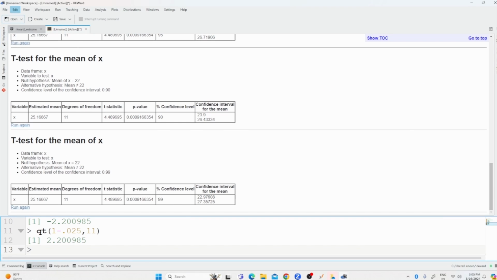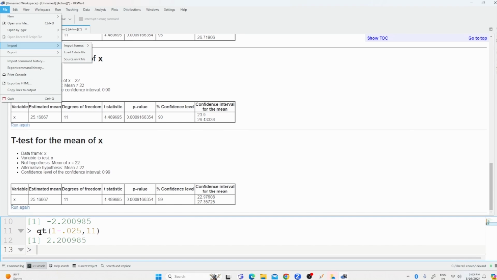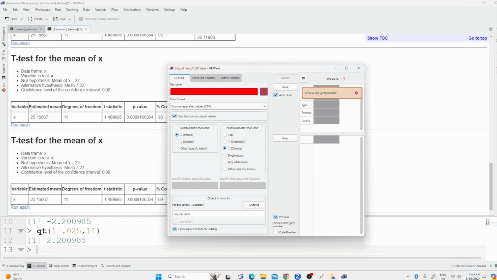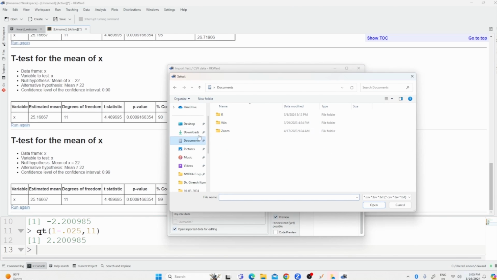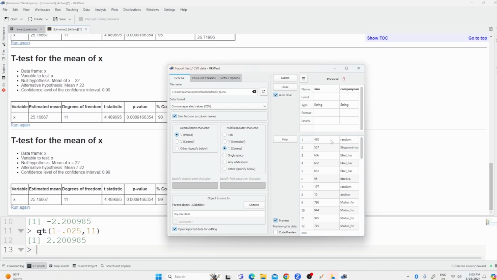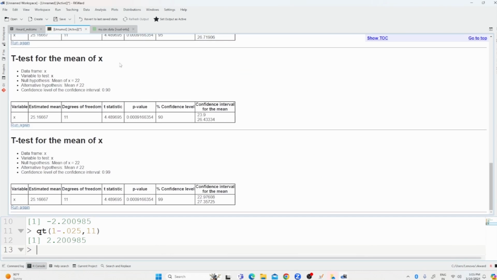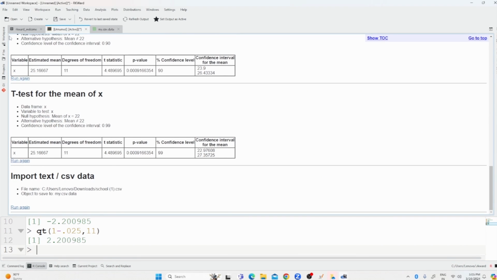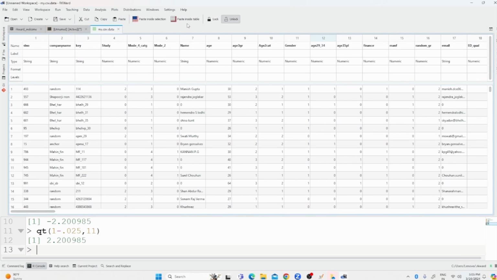So let us import our data, import our file which we have in the download folders. That's what I assume, school 1. Okay, submit. We have talked about it multiple times. This is our data. Now we are trying to say there are categories. Please understand. Let's see the category age, or let's see the gender category.